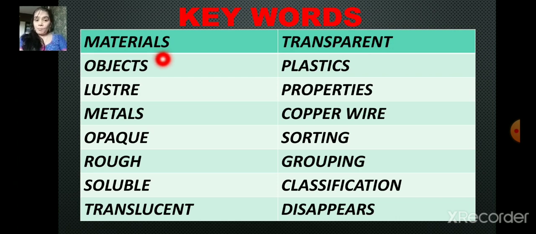I'm giving a pause. Repeat after me so that I can hear. Objects, luster, metals, opaque, rough, soluble, translucent. I'll read once again.